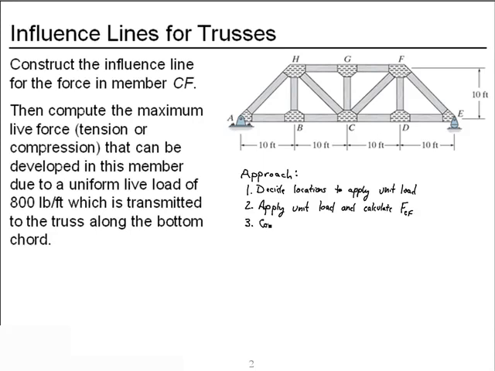We'll then be able to construct the influence line from those points. Then we'll apply the live load to maximize the force in member CF. Let's begin.